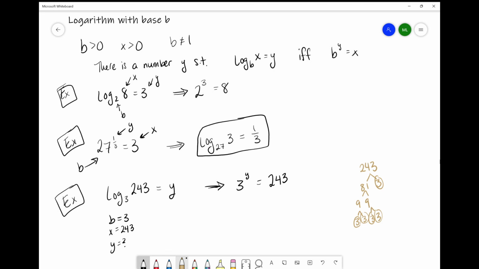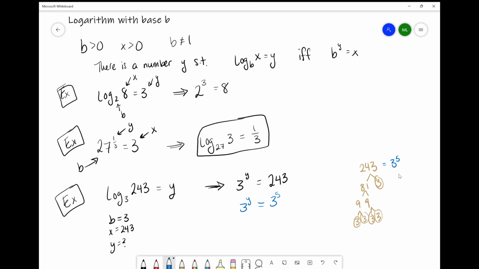So if I come back here and work on 3 to the power of y is equal to 243, 3 to the power of y stays the same, and 243 is the same thing as 3 to the power of 5. Now I have the same base, and this is something I can work with.